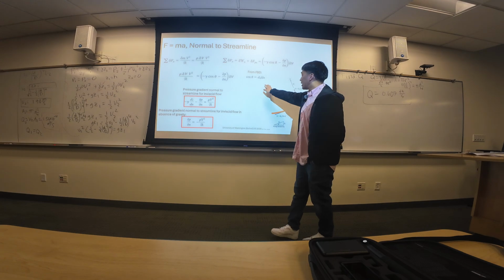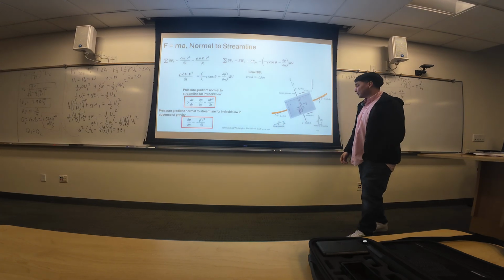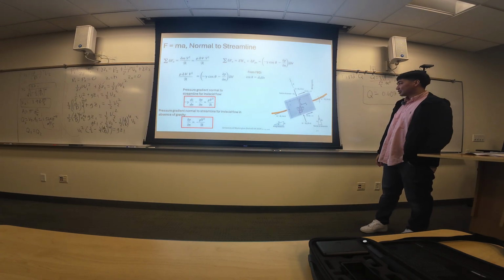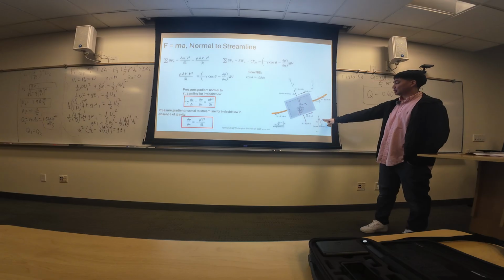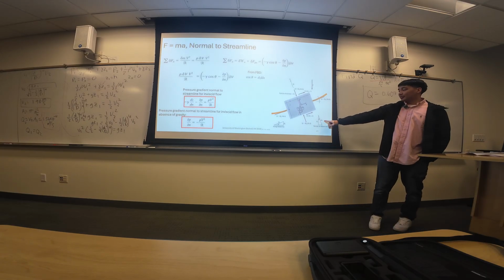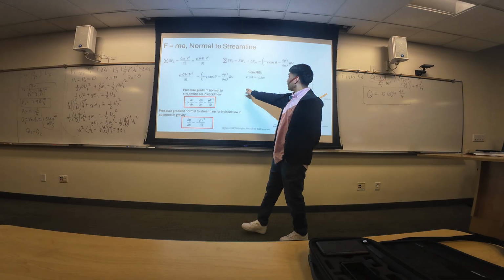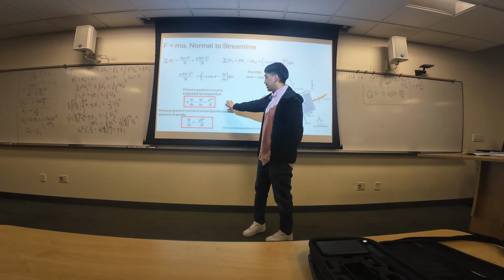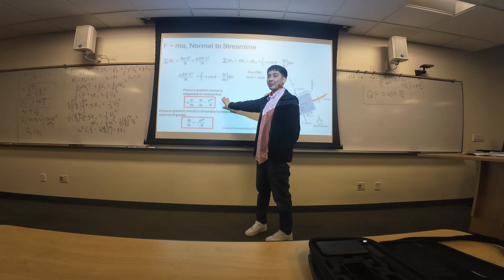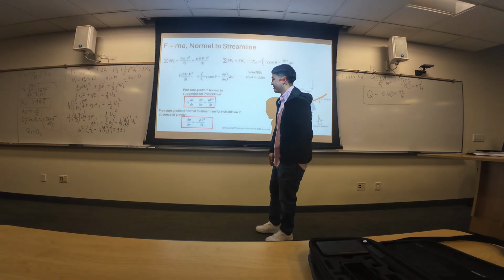From the free body diagram, cosine theta is equal to change in z over change in n. Adjacent over hypotenuse, change in z over change in n. So we sub that cosine in there, and then you get this, which is what you need for problem 1 of your homework.